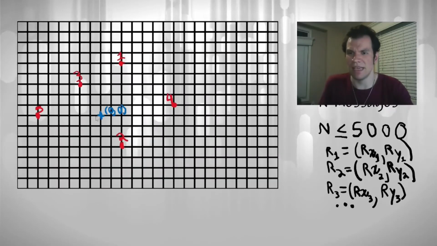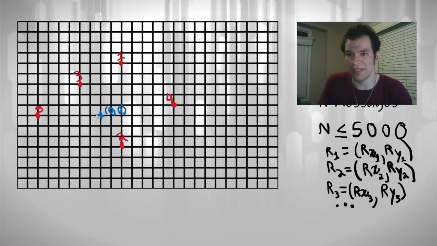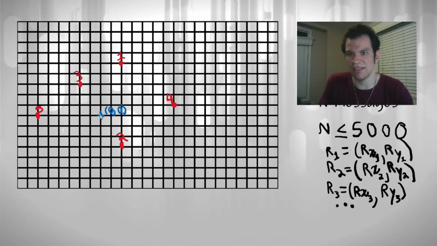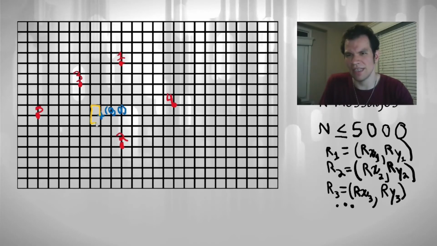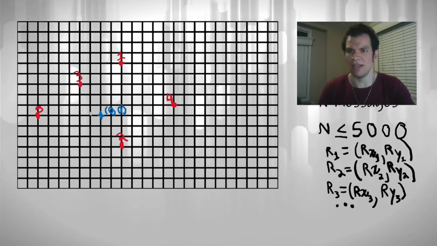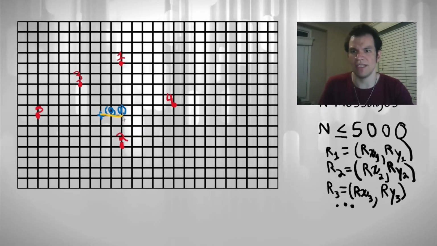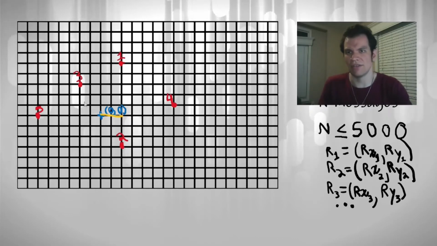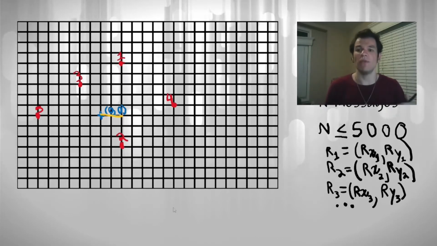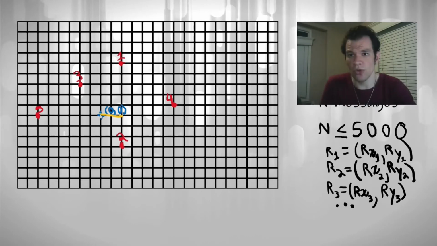This means that it doesn't make any sense to just move doing things like this, for example, but we only need to consider two choices. Either to move from the origin to the x coordinate, or to move from the origin to the y coordinate.